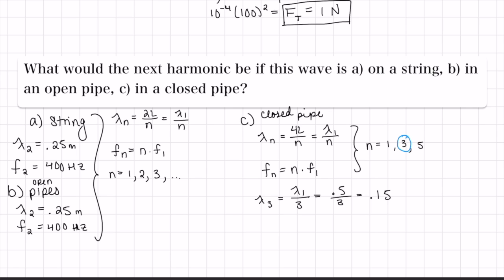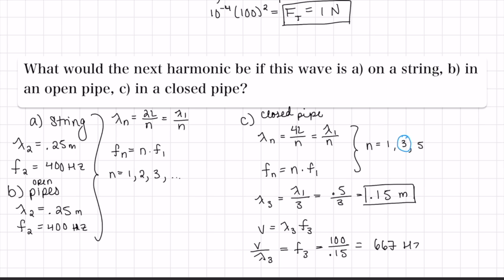And I guess maybe the other way I'll show you, since we can also solve it this way, would be reusing the wave relation. So we have V equals lambda 3 times F3. So V over lambda 3 would be equal to F3. Our V is 100, and that would give us 667 hertz.